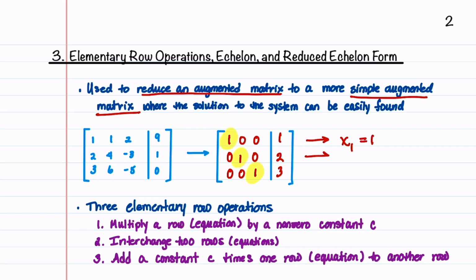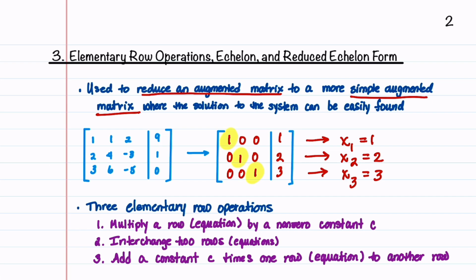The second line tells us that x2 is equal to 2. And the third line tells us that x3 is equal to 3. So that's our goal. We're going to learn how to take an augmented matrix, put it into this form so that we can easily read off the solution.